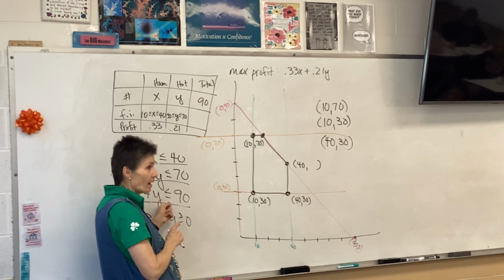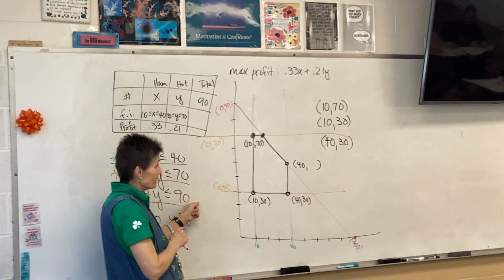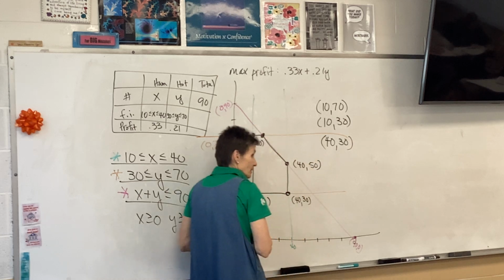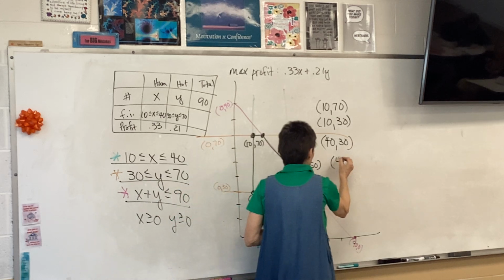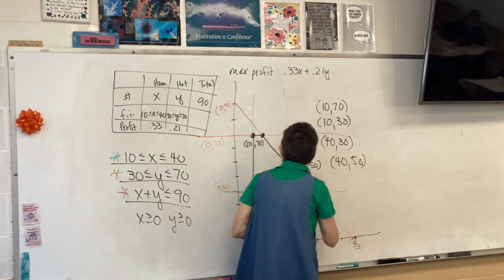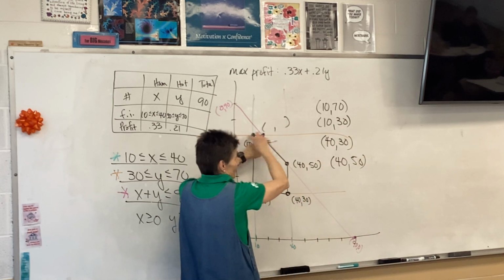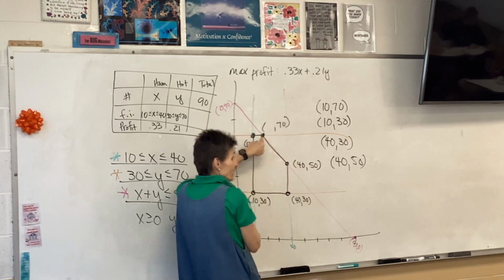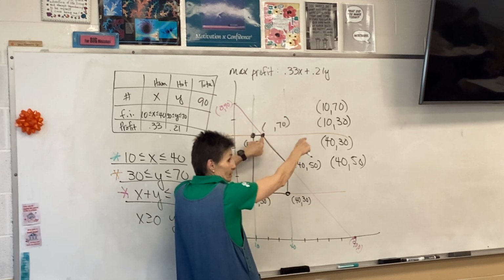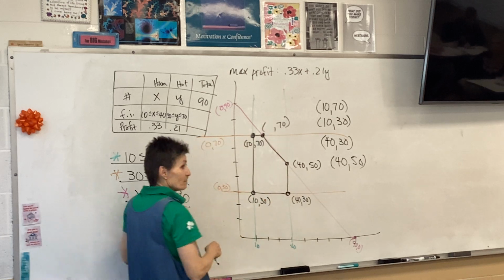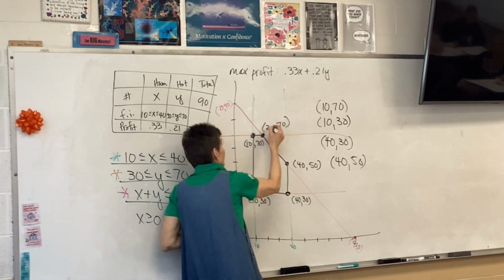When we add them up, we get 90. So if that's 40, this has got to be 50. And then look here. What do we know about this point? Y is 70, right? And so X is on the pink now, so X has to be 20.